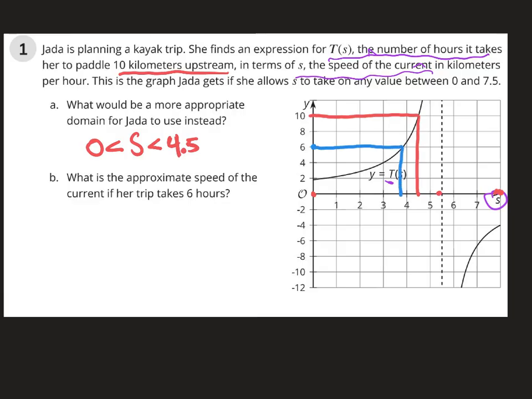We're about right here. So the speed of the current is about 3.8, 3.7. And now we need a unit for speed: kilometers per hour, kph. Okay, so that's the end of that problem.